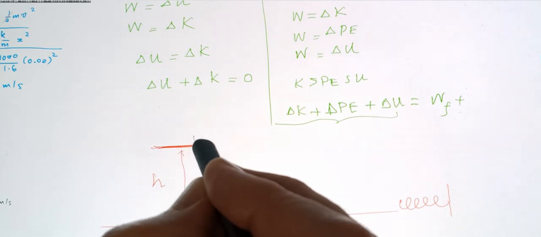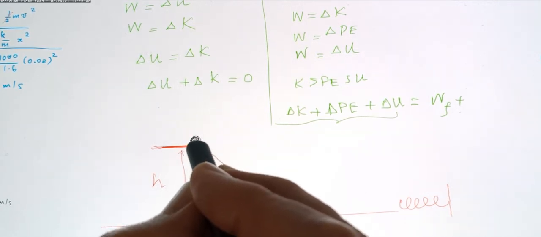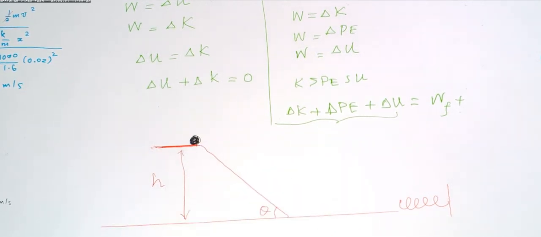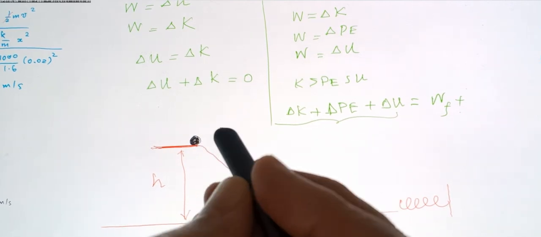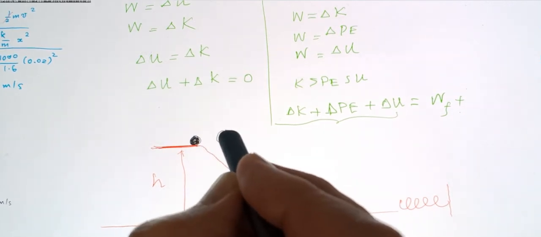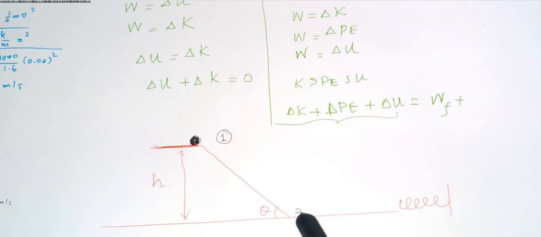Here is my object originally. So you have point 1, point 2, and point 3, and on top of that you have friction.